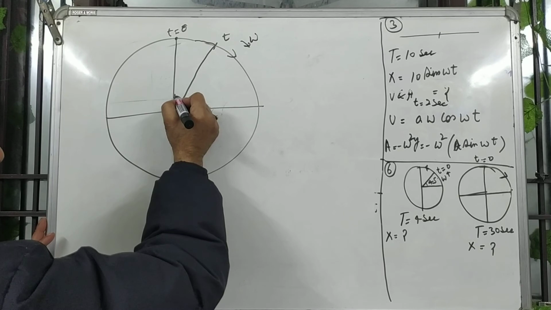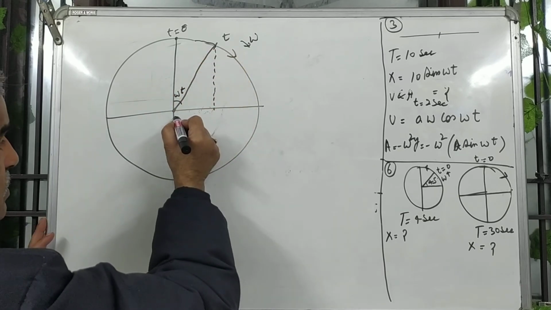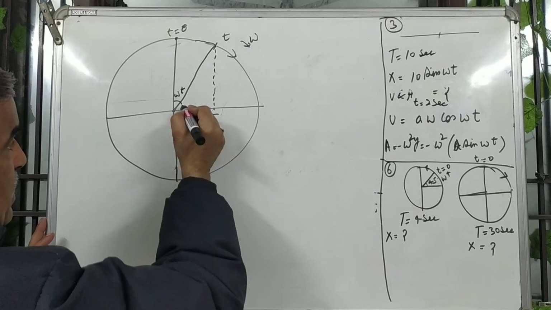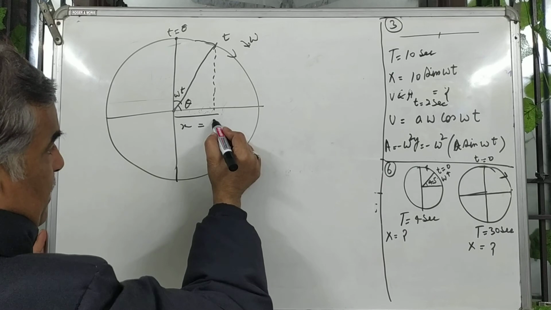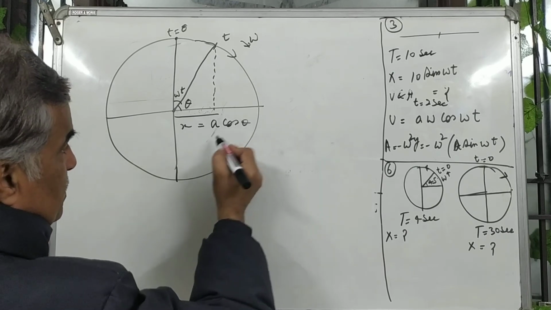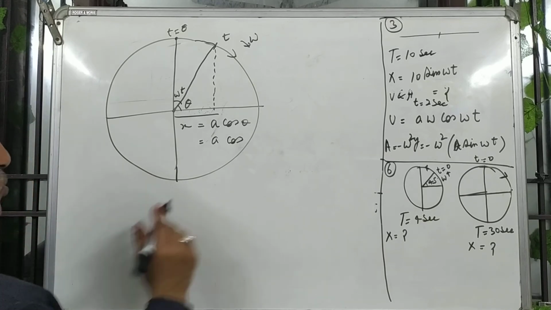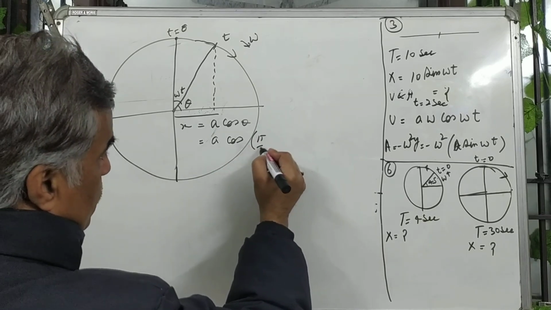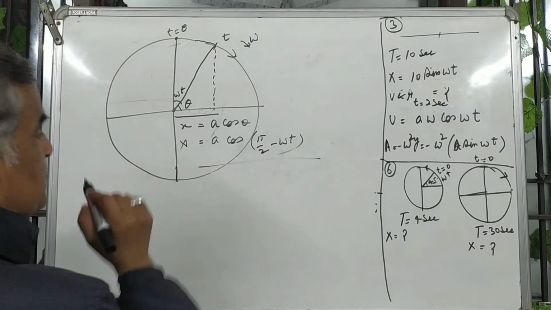So this angle is omega t. Draw a perpendicular line. So this is the x. Let the angle be theta. So x equal a cos theta, and theta is 90 minus omega t, that is pi by 2 minus omega t. This is the projection along the x-axis.